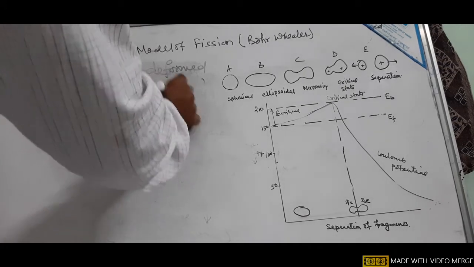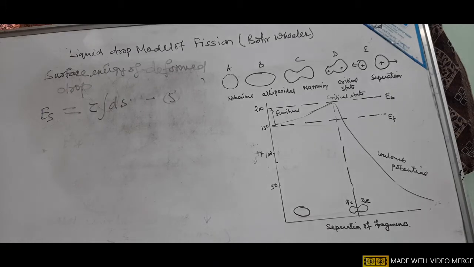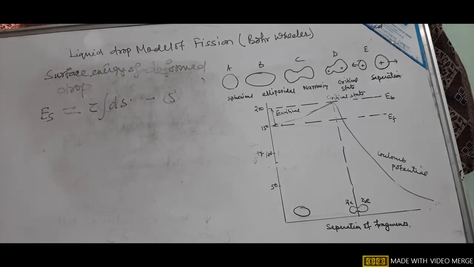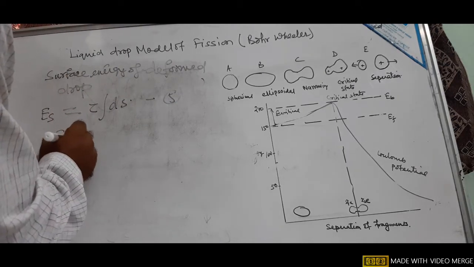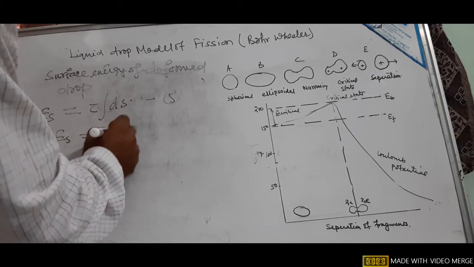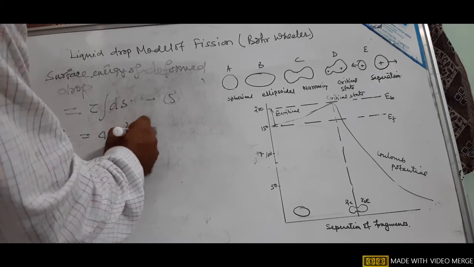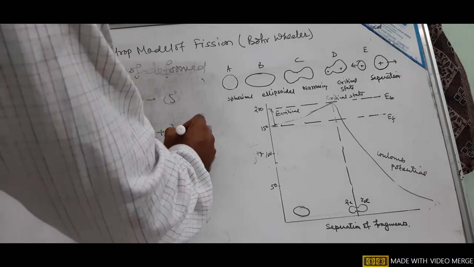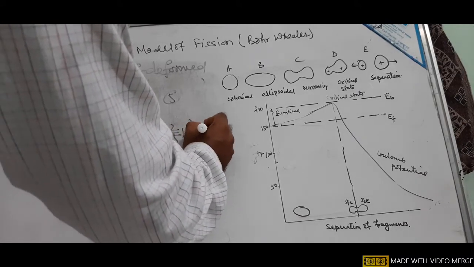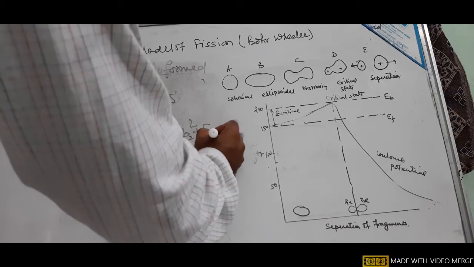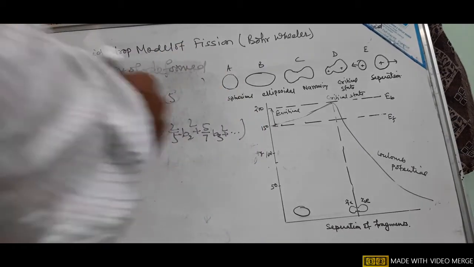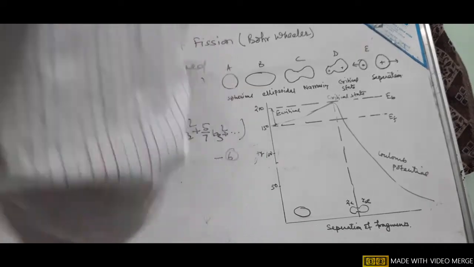According to Bohr-Wheeler theory, the surface energy of the deformed nuclear drop in terms of the deformation parameters is ES equal to 4 pi r0 squared times tau times 1 plus 2/5 b2 squared plus 5/7 b3 squared plus so on. This is equation 6. These are the deformation parameters.